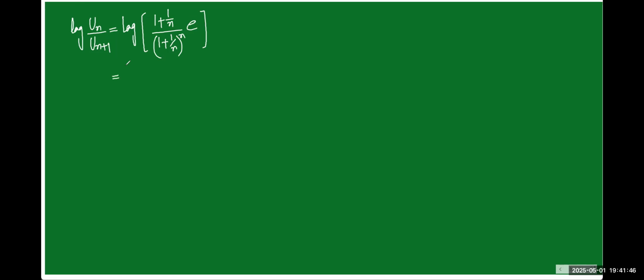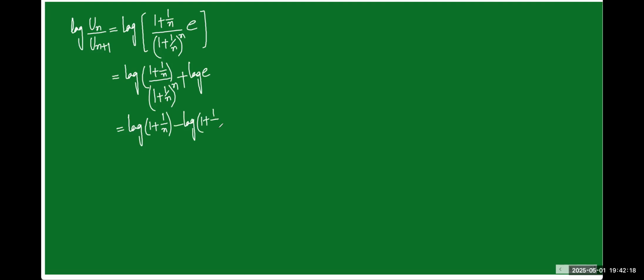So log a means 1 plus 1 by n divided by 1 plus 1 by n whole power n, plus log b means log e. You know the formula log a into b is log a plus log b. Then apply log a by b, log a minus log b.